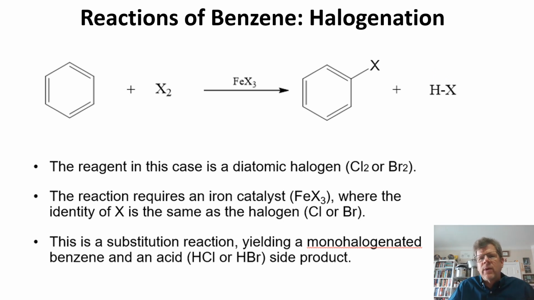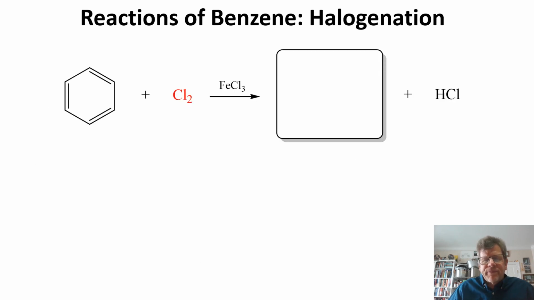As always, however, we like to play what's in the box when we're working with these sorts of things. So let's look at a potential what's in the box sort of reaction. Okay, so here we go. We have to look at these always like a detective or a sleuth. Here I have benzene, an aromatic ring, and I have Cl2, chlorine, with FeCl3 catalyst over the arrow.